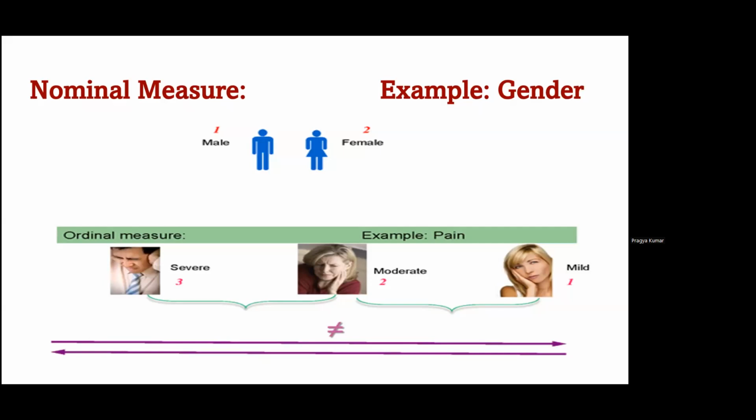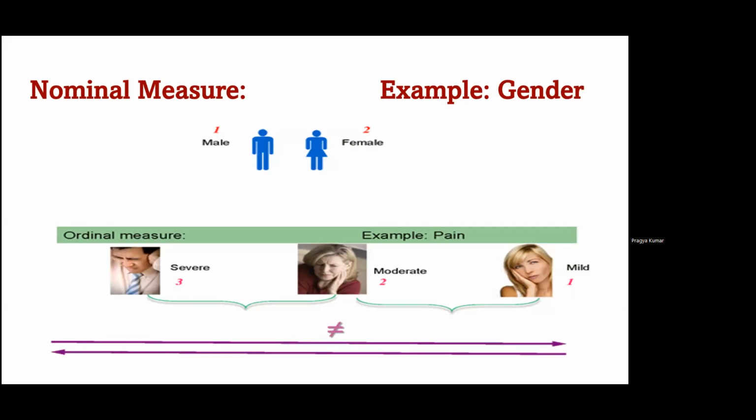The next comes the ordinal. Ordinal is what? There is an order. Like pain. If I'm giving 1 to a lower pain, like less pain, definitely I'll give 3 to the higher pain, like mild, moderate, severe. So there is an order. I cannot give 3 to mild and 1 to severe. Can I reverse the order here? And will it change the meaning, or it won't change the meaning?